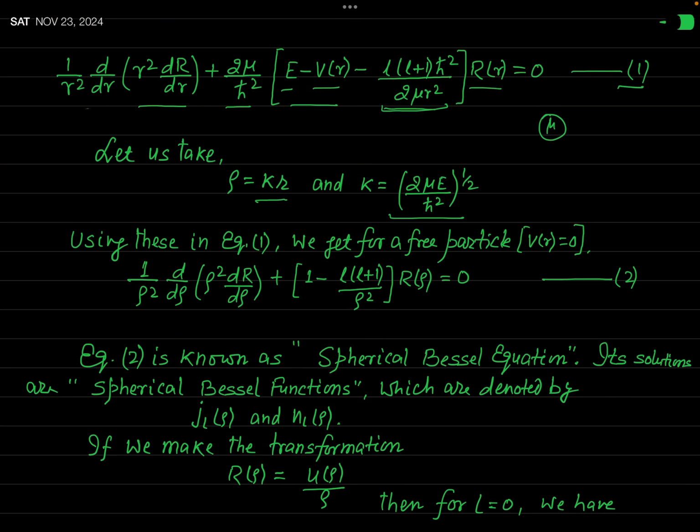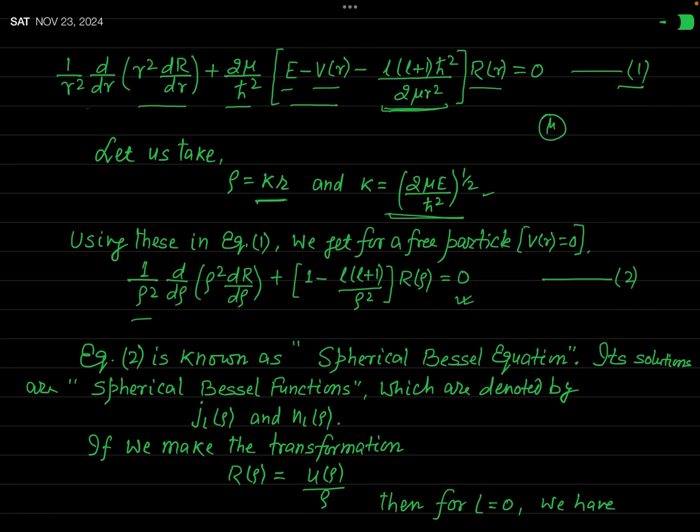Actually, when you use these results in equation 1, then this equation 1 becomes like this. I have not done the algebra, you can check it. You can find dR/dr, and you can replace the 2 mu r squared from here, and after doing all that algebra, you can see our equation 1 becomes like this.